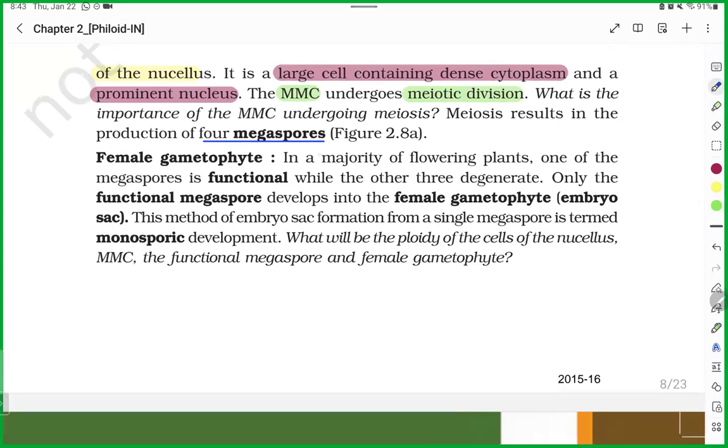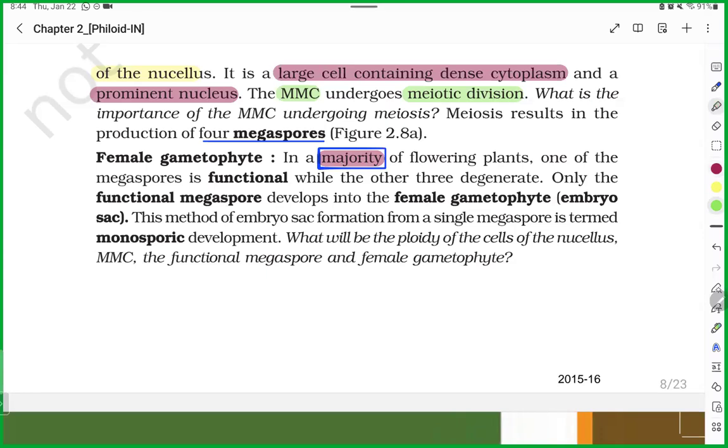In majority, this word majority is extremely important. Not all. When we are talking about the typical embryo sac, it does not mean that every plant has it like this. Majority have. It means there will always be exceptions. A question may be asked in this way: majority or all flowering plants have one functional megaspore? No. If the word all is given, it is wrong.